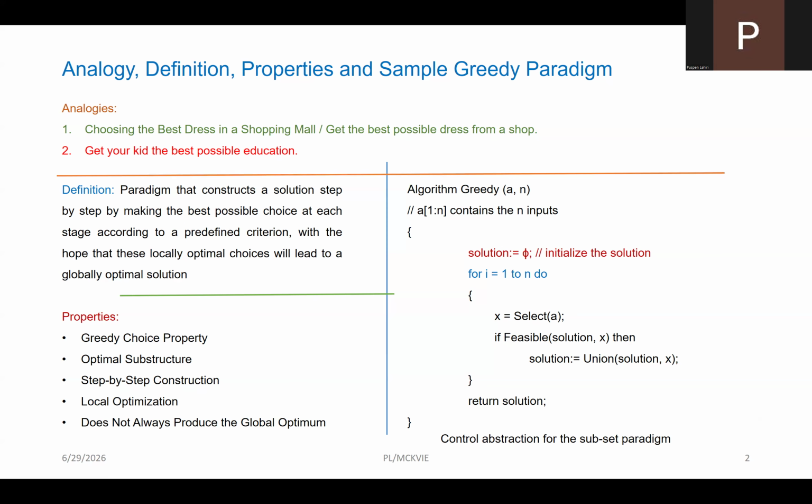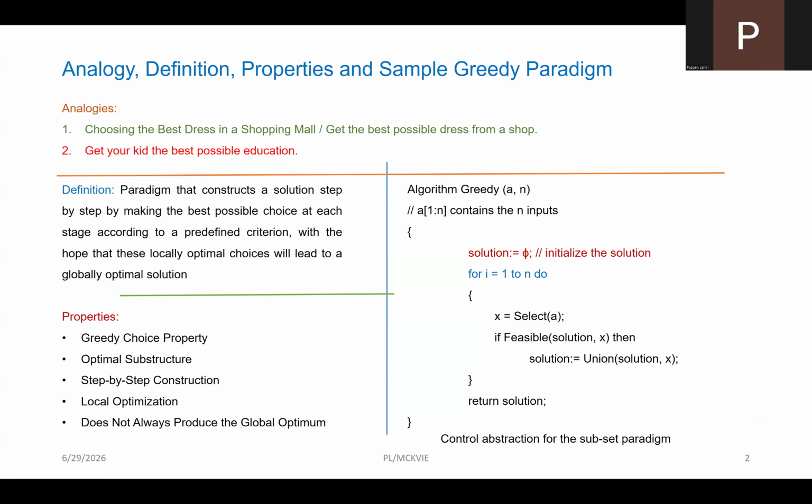Here a new function comes by the name Feasible. It is a Boolean-valued function that determines whether x can be included in the solution vector or not. If it is feasible, then it should be included, and inclusion is done with the help of a new function called Union.